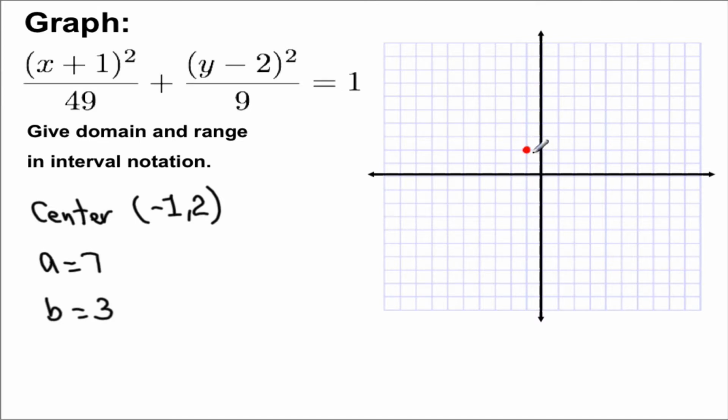We're going to go 7 units to the right, 7 units to the left, 3 units up and 3 units down. And then we're going to draw the ellipse here.